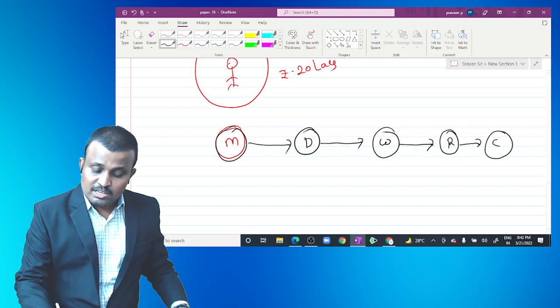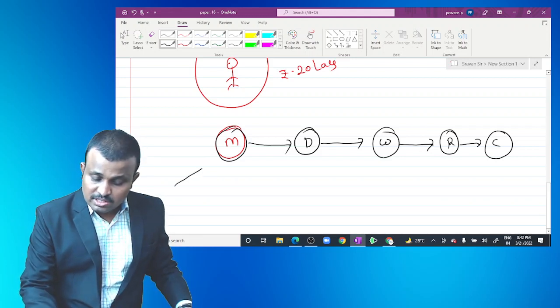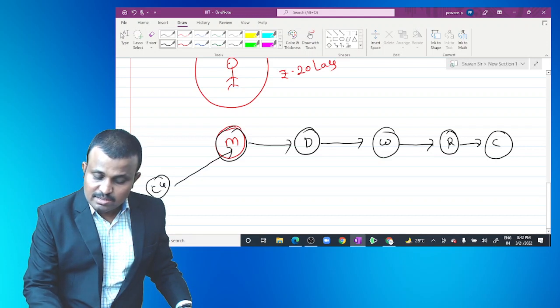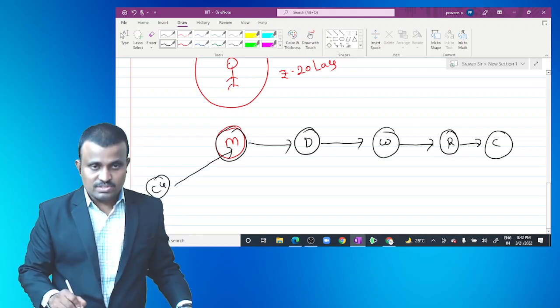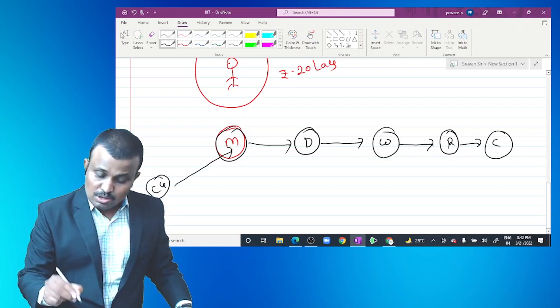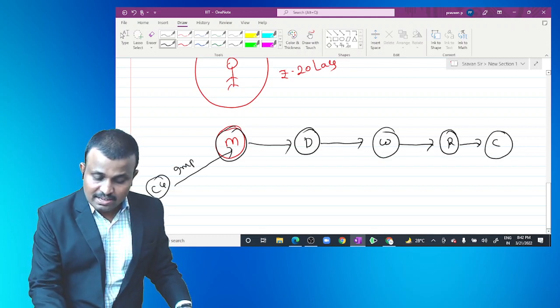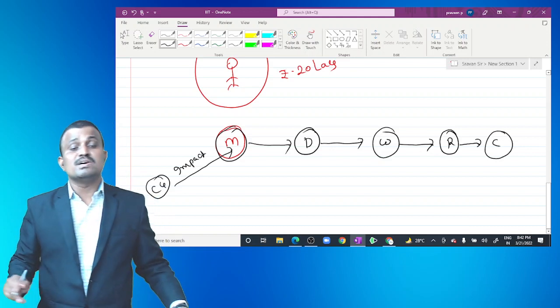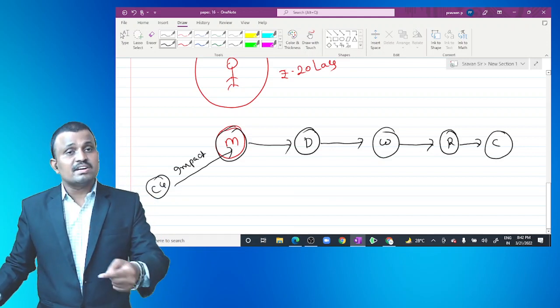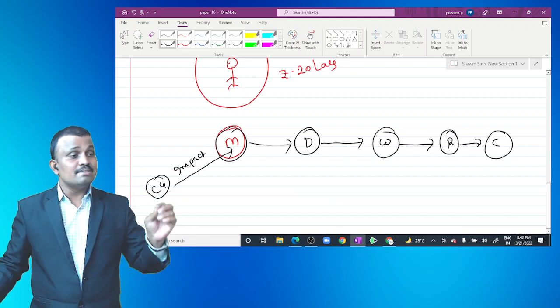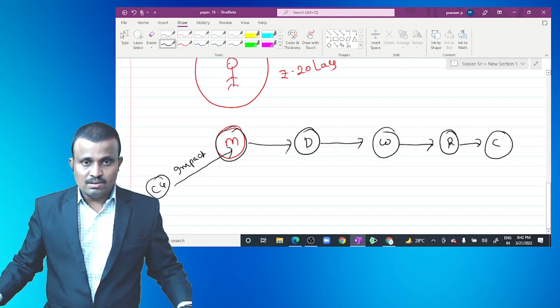On the product produced by the manufacturer, the central government imposes the tax on this person. The effect on this person is said to be impact, because the tax is imposed by the government on this person for the first time.